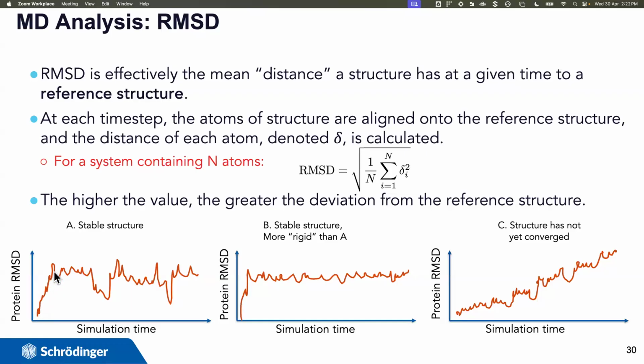Gradually it will increase, and after some point of time, it will fluctuate around some particular value. If you see this kind of behavior, increasing in the initial frames and then fluctuating around some average value, then you can conclude that you have a stable structure. Now your system is stable, and all the properties that we will calculate will be meaningful.